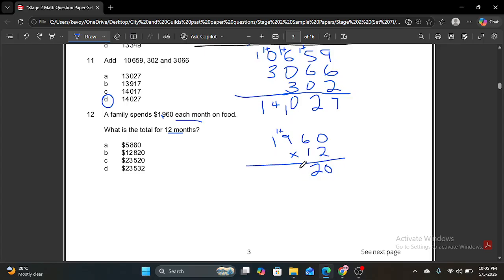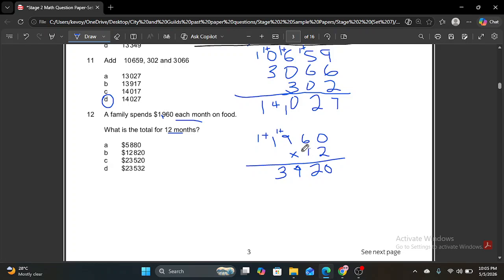So you have a 9 right there, and we carry over the 1. 2 times 1 is 2, plus the 1, that's 3.